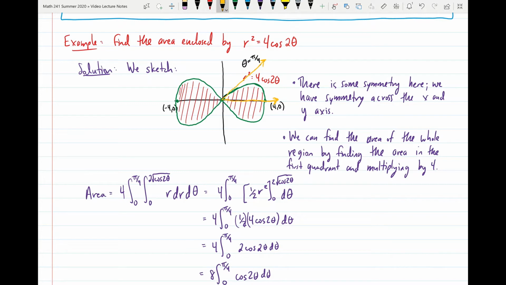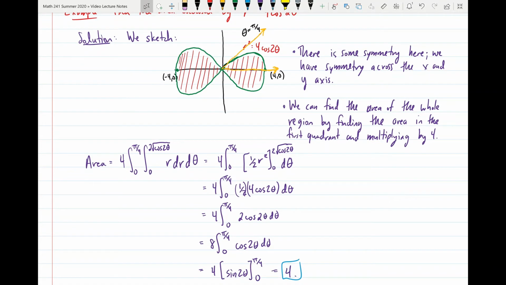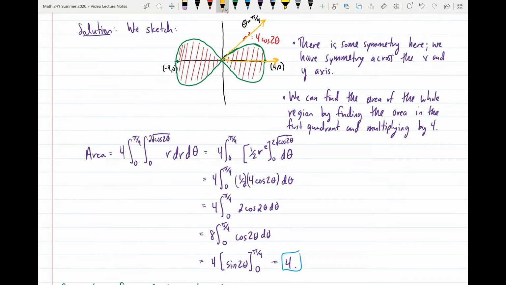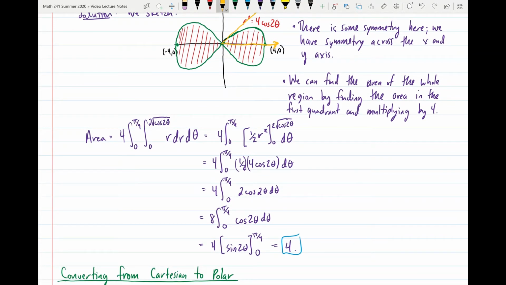But because we're working in the first quadrant, we're only worried about the positive half there. So we're worried about positive the square root of 4 times cosine of 2 theta, which is just 2 times the square root of cosine 2 theta. And then again, because of the theorem that we had above, it's the integral of r dr d theta.